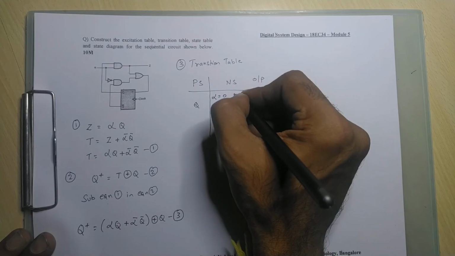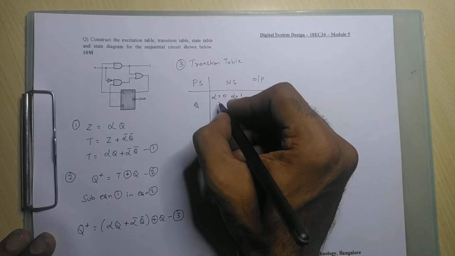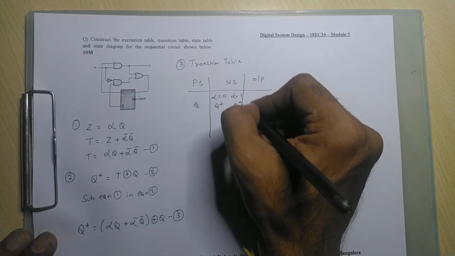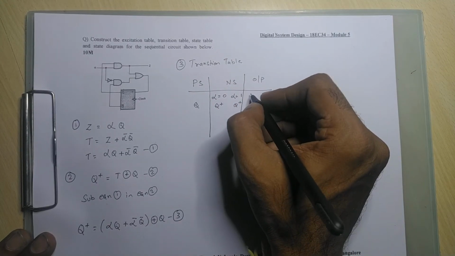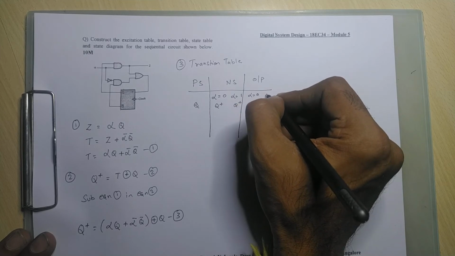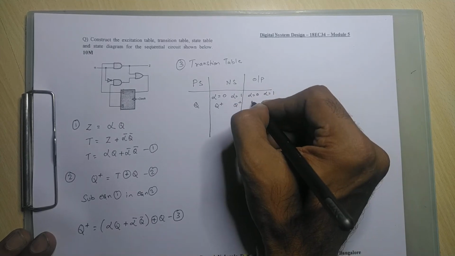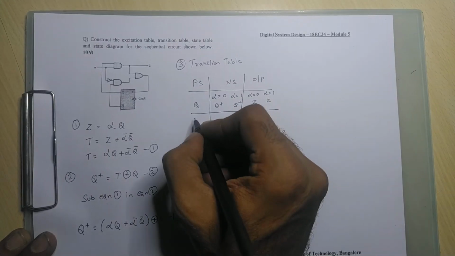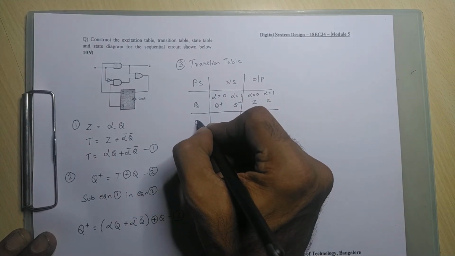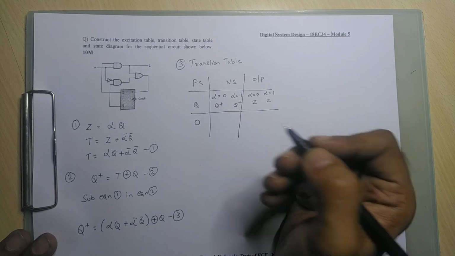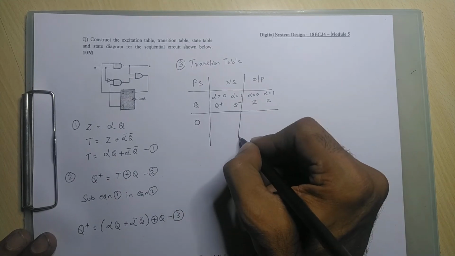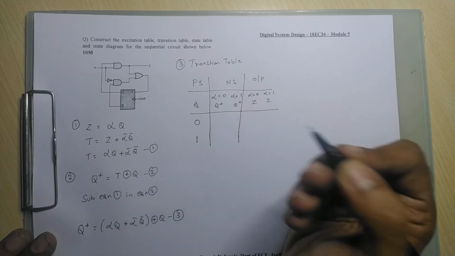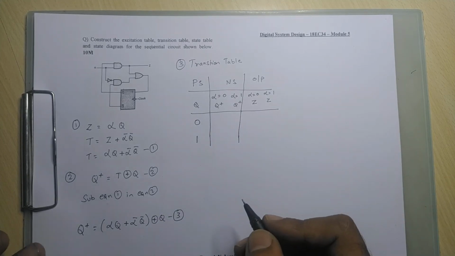If alpha is equal to 0, if alpha is equal to 1, what will be my Q plus? Similarly my output Z will also depend on alpha, when alpha is equal to 0 and alpha is equal to 1. Now we have only one flip-flop, so I have only two combinations that are possible, either 0 or 1.